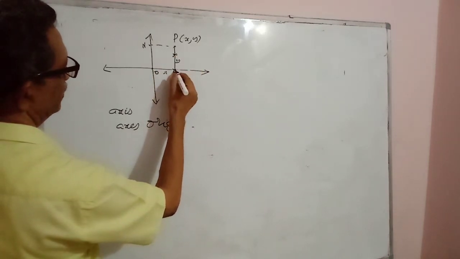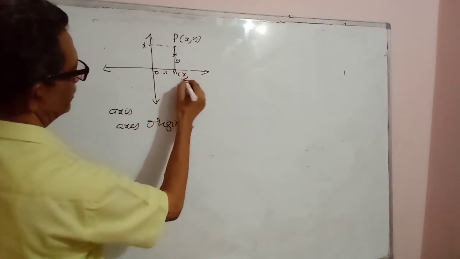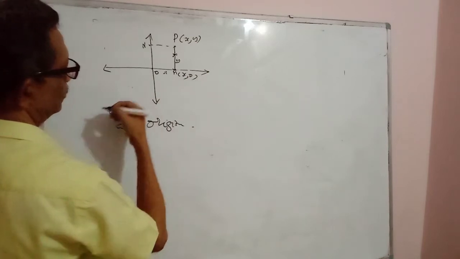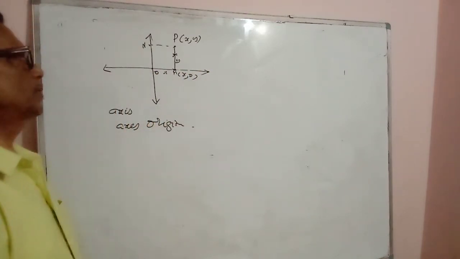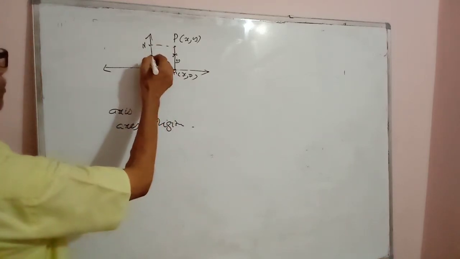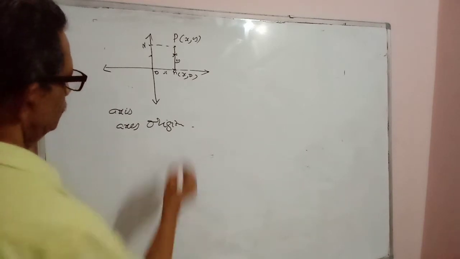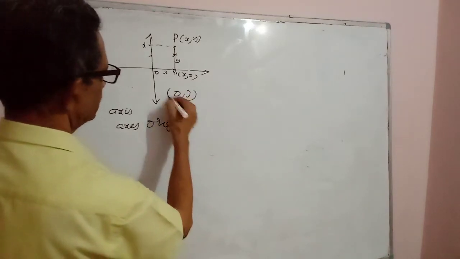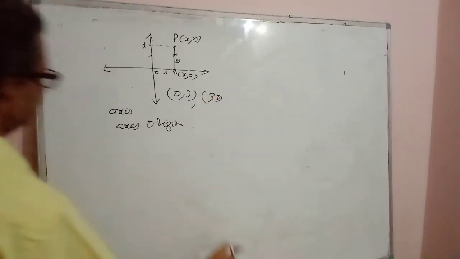At last, when it reaches here, the y-coordinate is 0 and the x-coordinate remains as it is. So (x, 0). Any point on the x-axis has y-coordinate 0. Similarly, any point on the y-axis has x-coordinate 0. So (0, 3) is a point on the y-axis. (3, 0) is a point on the x-axis.